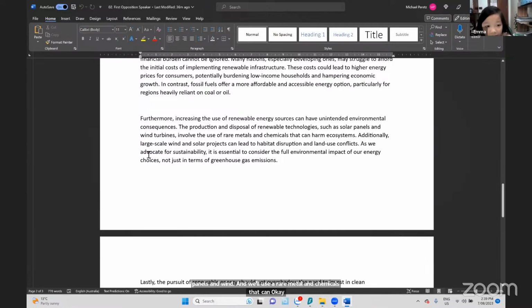Additionally, large-scale wind and solar projects can lead to habitat destruction and land use conflict. As we advocate for sustainability, it is essential to consider the full environmental impact of our energy choices, not just in terms of greenhouse gas emissions.